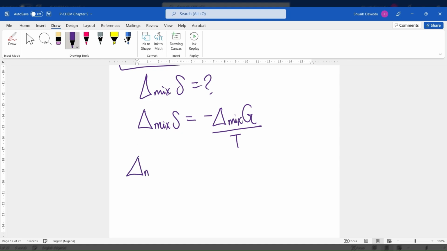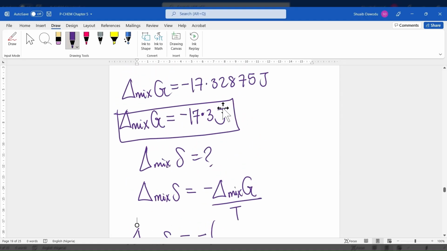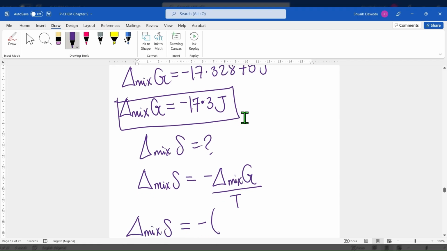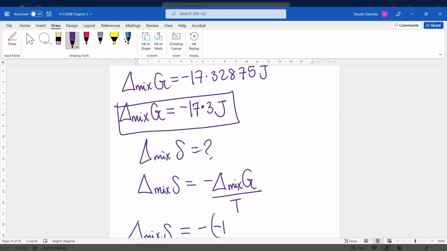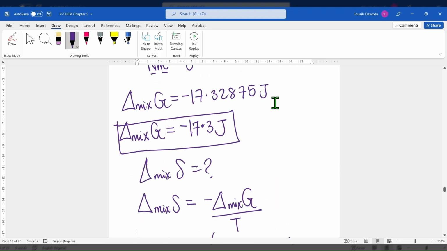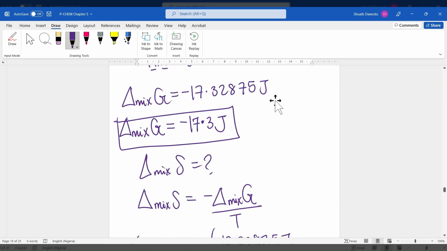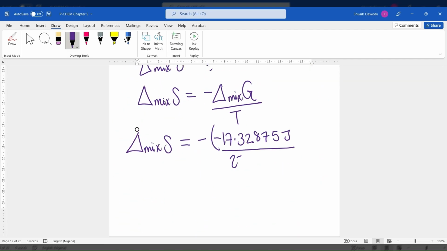So the change in Gibbs energy of mixing is negative, so remember there's a minus, the raw value, which is negative 17.32875 joules, divided by the value for temperature. Note the value for temperature in this question is 0 degrees Celsius or 273.15 Kelvin.